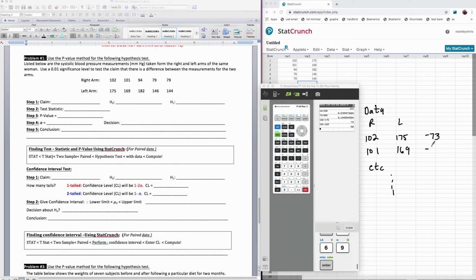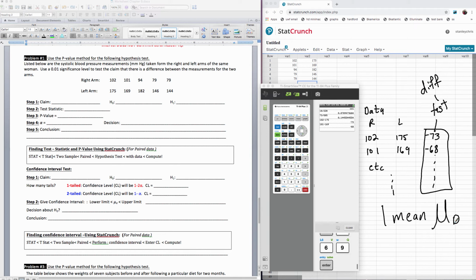So the second time she did it, her right arm was 68 less than her left arm. And we do that 5 different times, and then we test from this list. But this list is called a differences list. So we should only have 1 mean. So there's only 1 mu. We call that mu d, for difference, not 2 mu's, like we just did with 9.2.